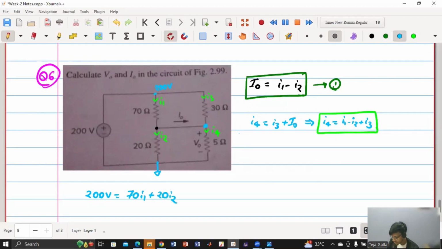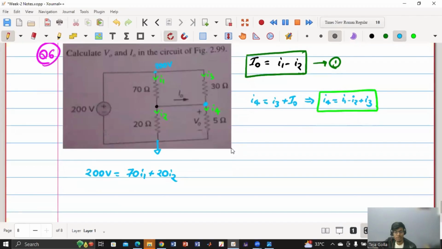Now again here, 200 volt is equal to 30 into I3 plus 5 into I4. I4 is I1 minus I2 plus I3, which gives 5I1 minus 5I2 plus 35I3.